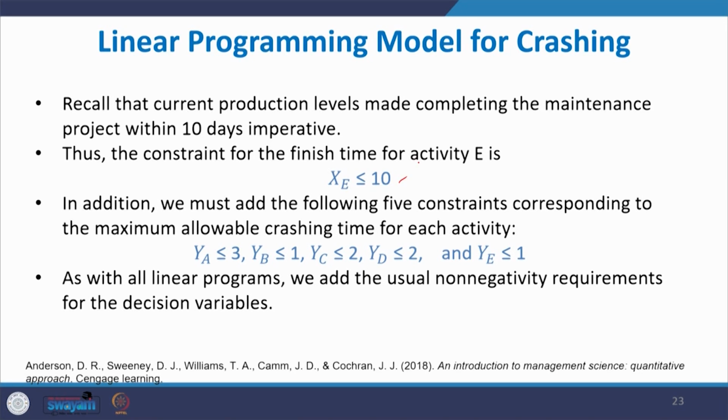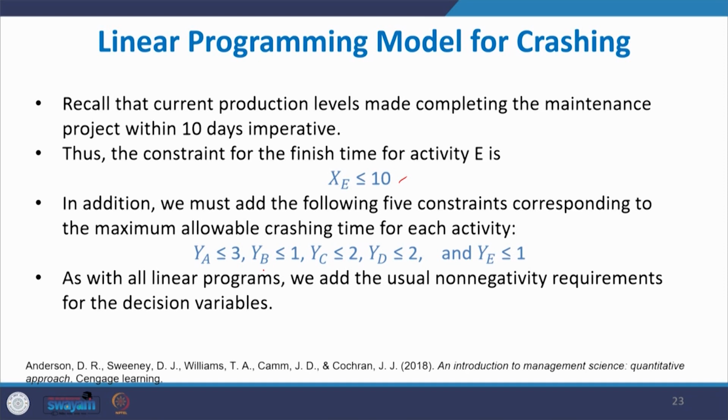This constraint needs to be added. In addition, we must add the following 5 constraints corresponding to the maximum allowable crashing time for each activity. For example, for activity A, from the table in the previous slides, maximum 3 days can be crashed. So, YA cannot exceed 3.